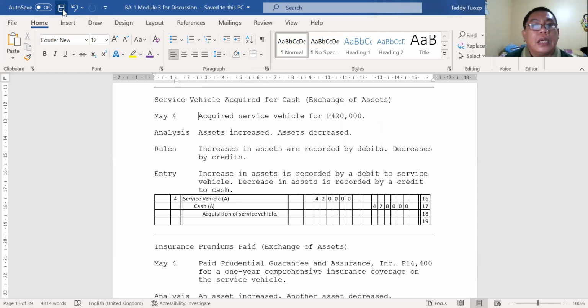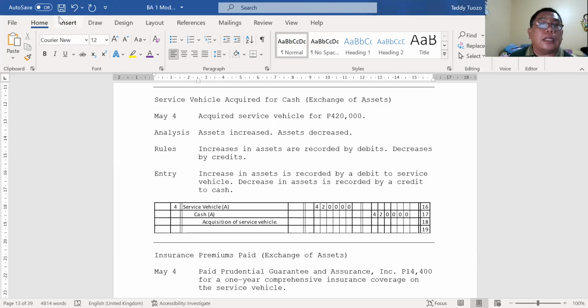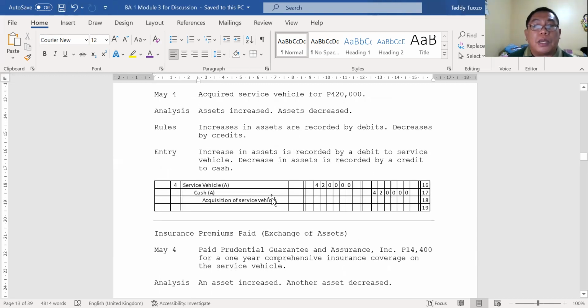Actually, class, in this transaction, it is vague whether he paid cash or not, because when you acquire, you can buy it on credit, right? But the assumption here in the problem, the author of the book assumes it was paid in cash, no? But actually, in reality, class, this can also be construed as a payment.